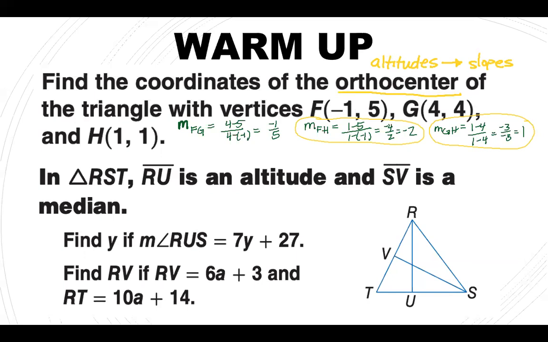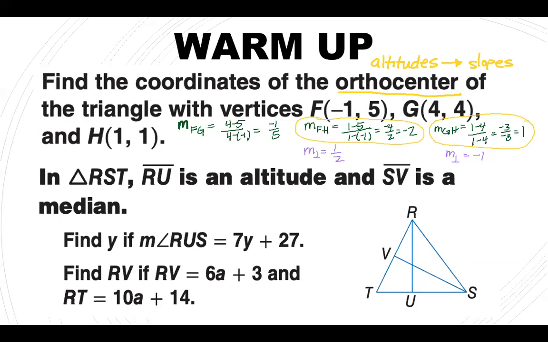All right. So the slope of the line that is perpendicular has to be the opposite of 2. -2 is 2, and then the reciprocal is 1/2. And then a slope that's perpendicular here, opposite of 1 is -1, reciprocal is -1. So those are going to be my slopes for the altitudes. Okay.